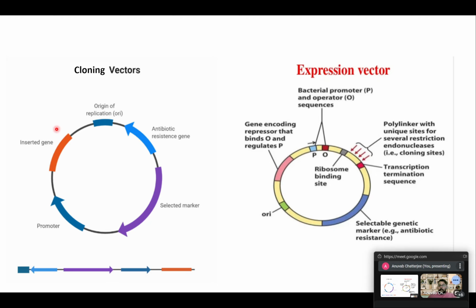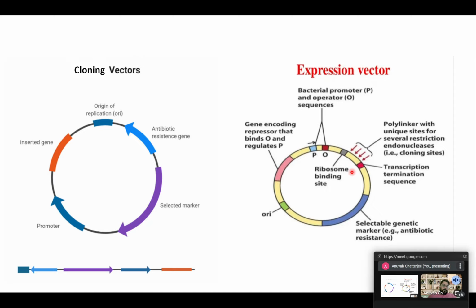So a cloning vector at most can produce your mRNA, but an expression vector needs to be translated as well. Using the operator and the promoter that you have put in, it will first make the mRNA, and since the mRNA will have a ribosome binding site, the ribosome can sit and then translate your particular open reading frame or coding sequence, so you get the protein.